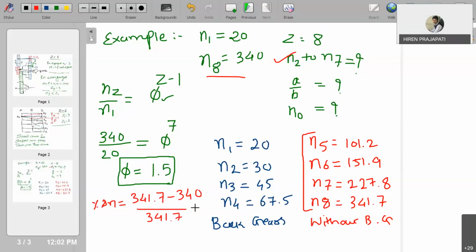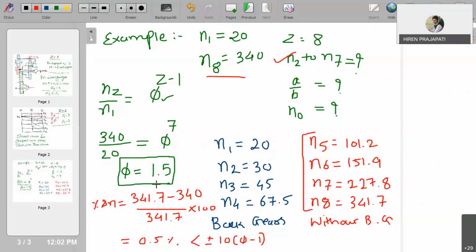And if you find this in percentage, then we get 0.5 percent. Now this should be less than our acceptance criteria, which is 10 times phi minus 1, right?